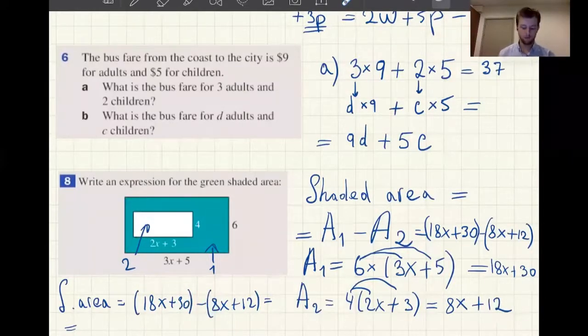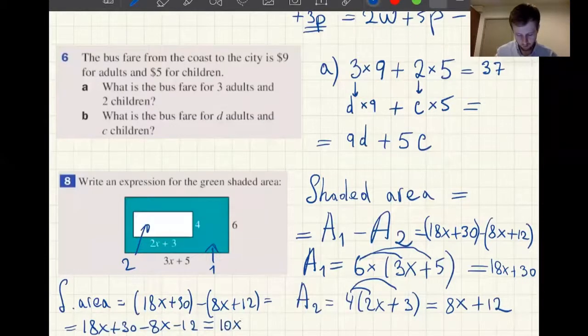So plus becomes minus, and here also plus becomes minus. Both of these numbers were positive, and they become negative. So we have 18x plus 30 minus 8x minus 12, and the answer is 10x plus 18. This is the shaded area. This is your answer to this question.